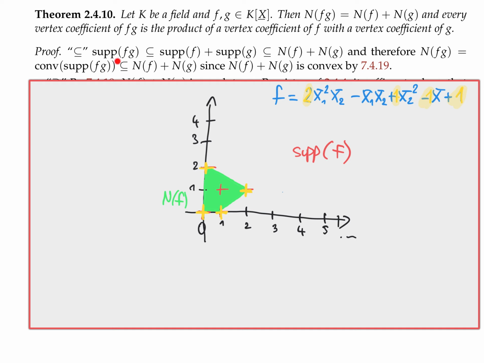Because how can you produce a monomial in f times g which actually appears? It must arise from multiplying a monomial of f with a monomial of g. It can be that it's a sum of such products, but that doesn't matter. In any way, there must be at least one such product, otherwise you don't get a coefficient.